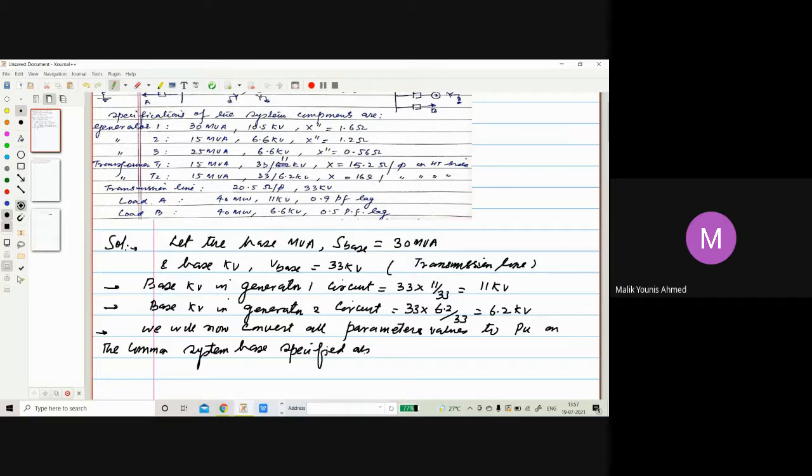Above means we have specified 2 bases. Those bases will be there. So one by one we will start.